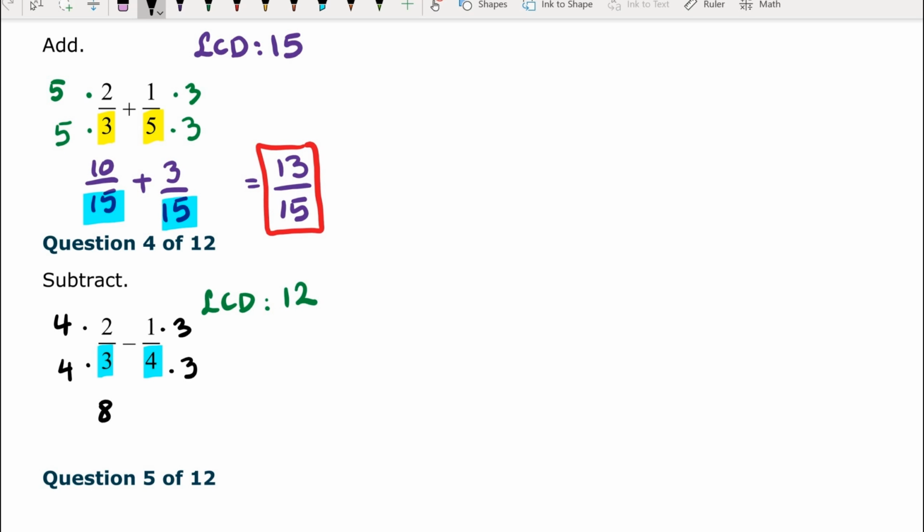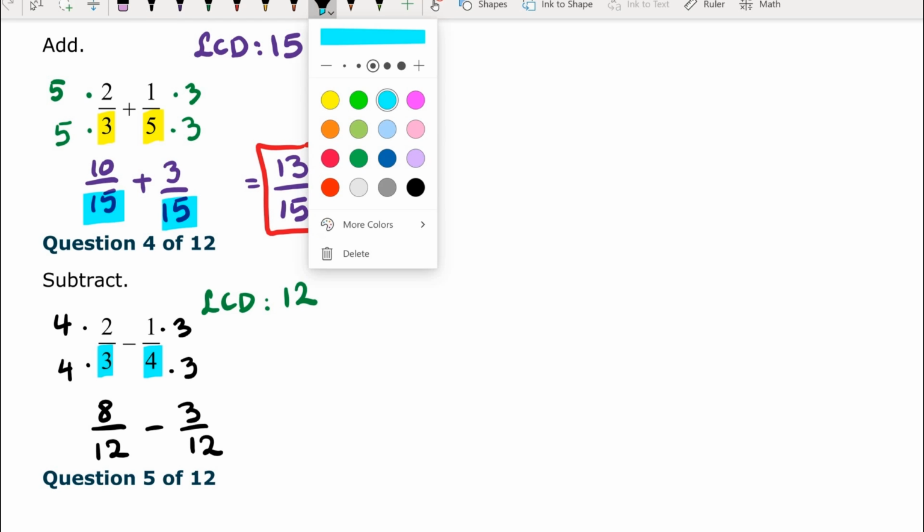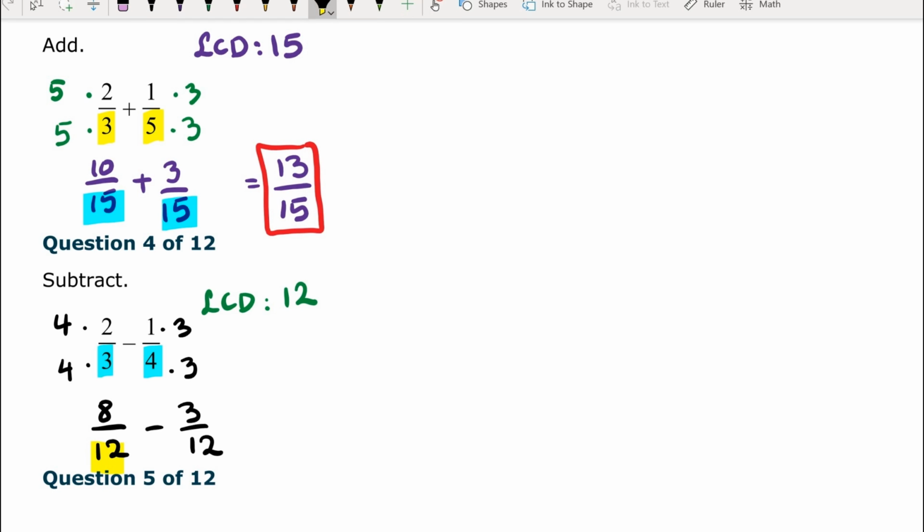So that will give you 8/12 minus 3/12. Now they both have the same denominator. We can subtract them straight across. So 8 minus 3 will give me 5/12. And that is the lowest term, 5/12.